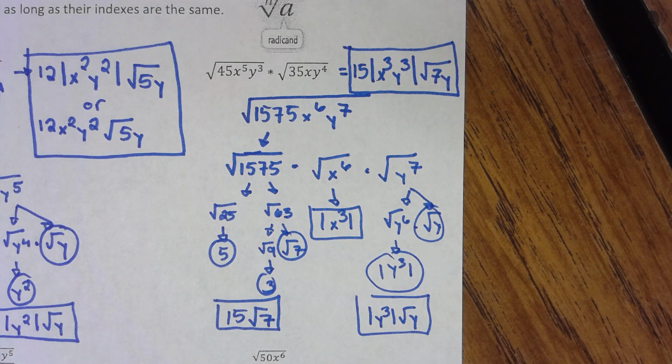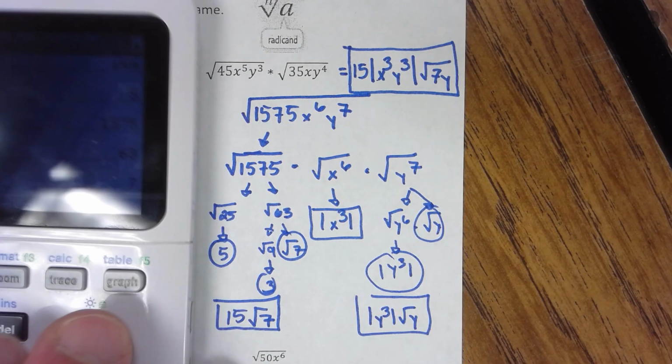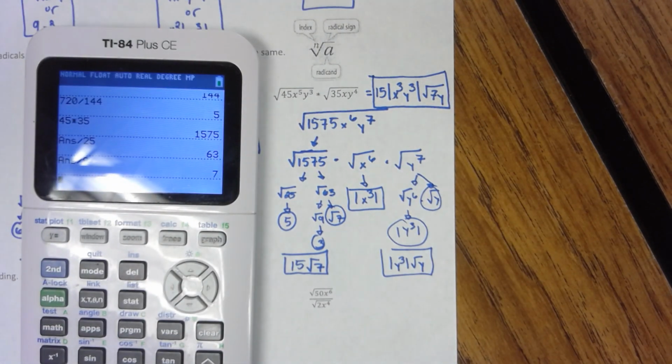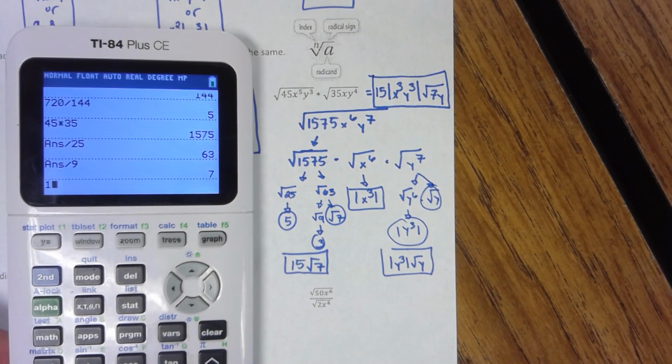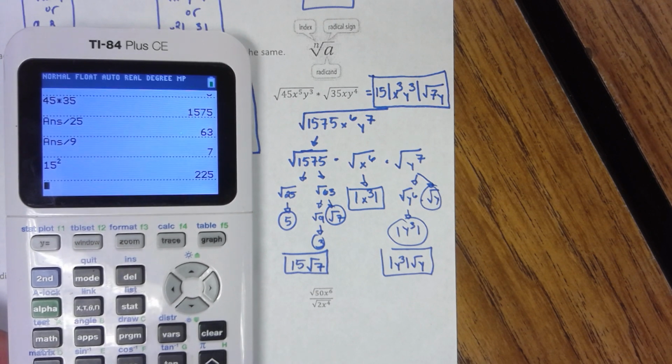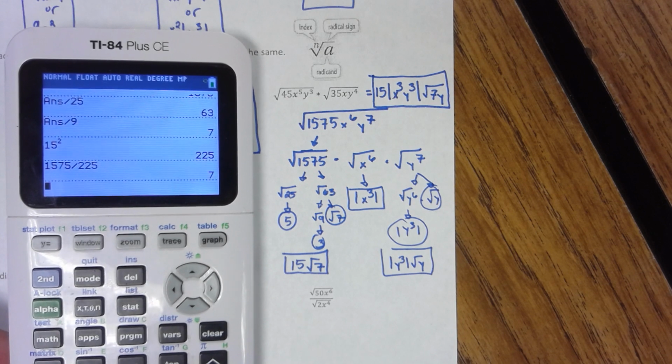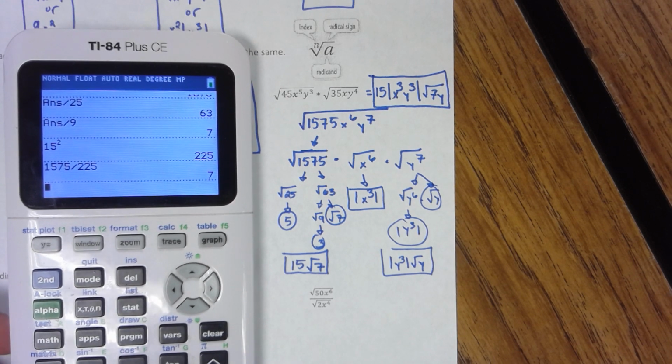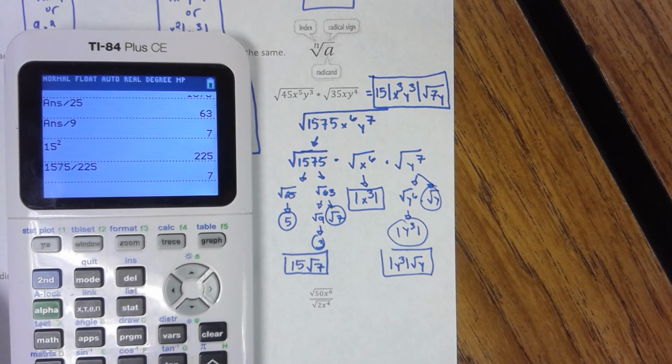Root 63 can continue to be simplified as you can factor it to be root 9 times root 7, where the square root of 9 is 3. Multiplying all that together gives us 15 root 7. So again, what that means here is we really could have factored out whatever 15 squared is right from the start. 15 squared being 225, so I could have taken 1575 divided by 225 to get that root 7 to show up just in one step.